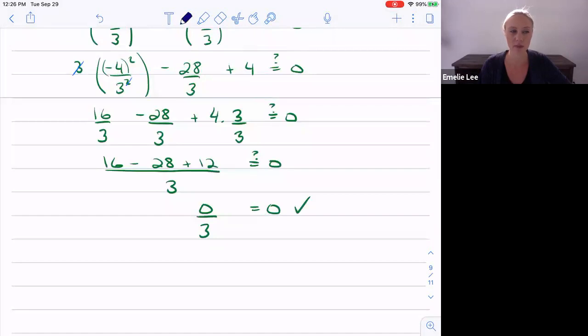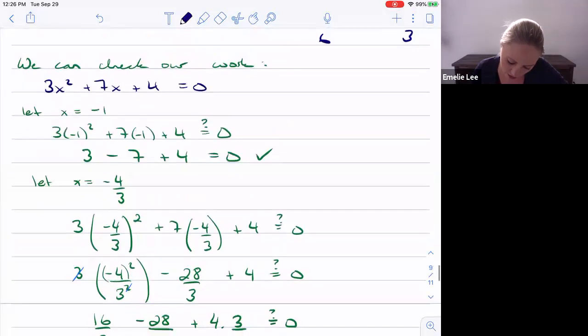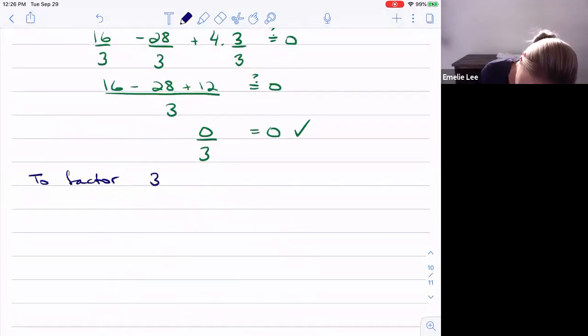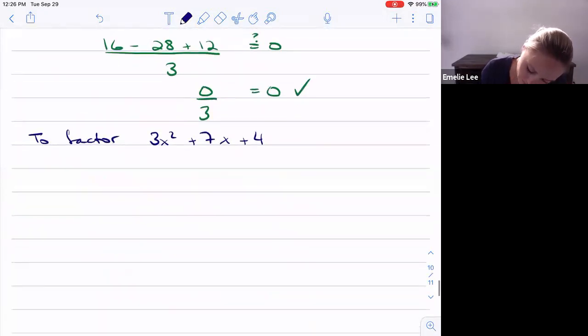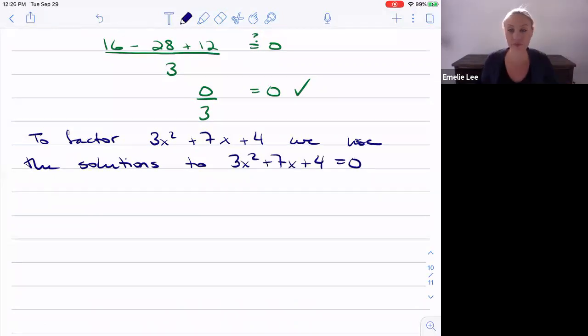Now let's do the same thing, right? To factor 3x squared plus 7x plus 4, we use the solutions to 3x squared plus 7x plus 4 equals 0.